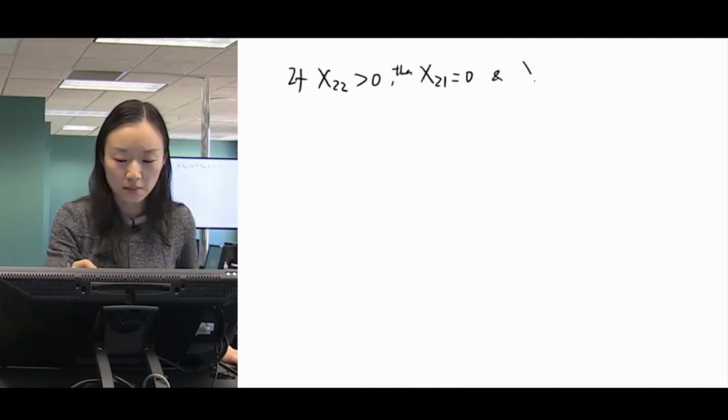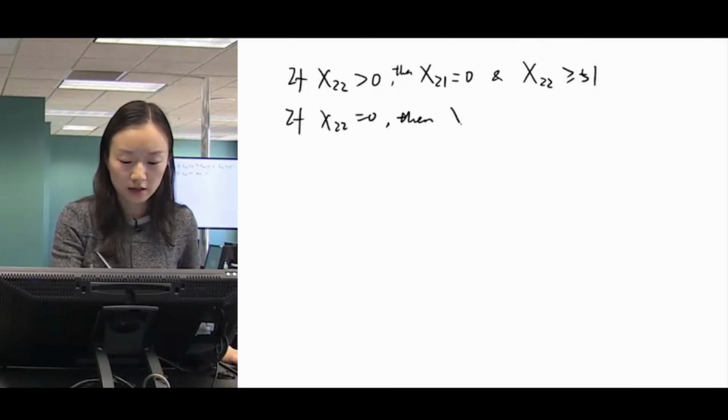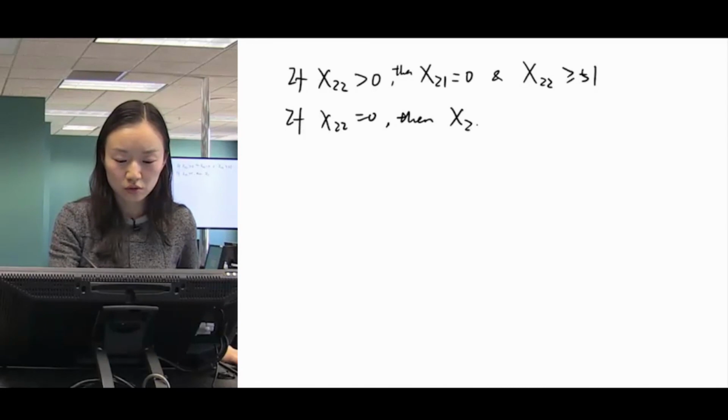And at the same time, x22 needs to be greater than or equal to 51. And if x22 is 0, then x21 will be between 0 and 50.